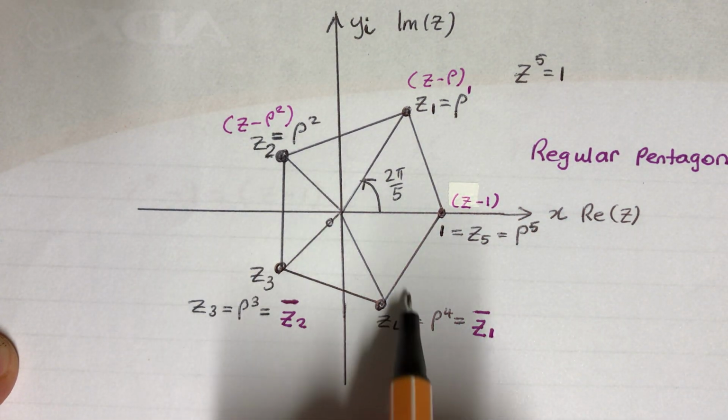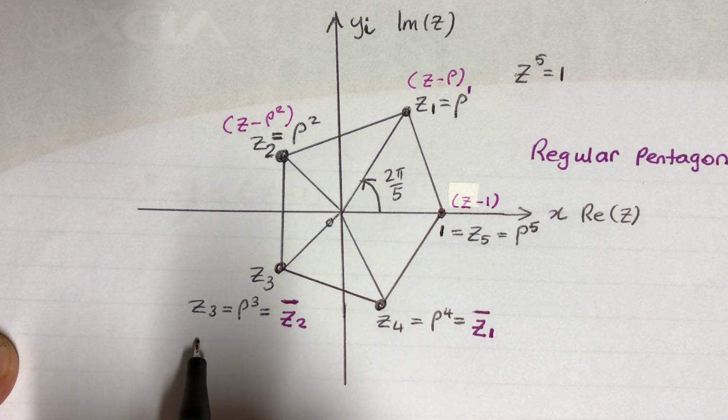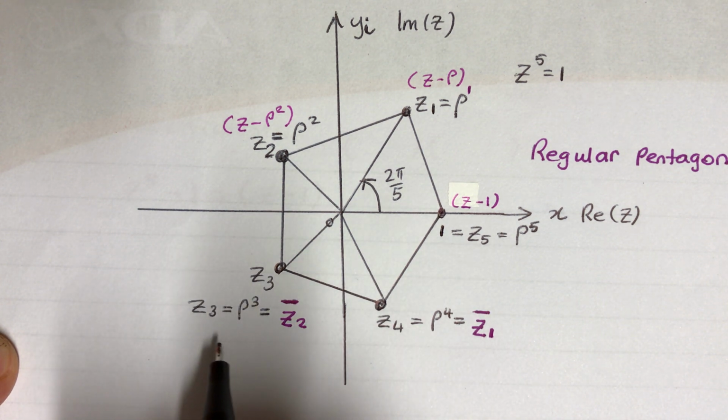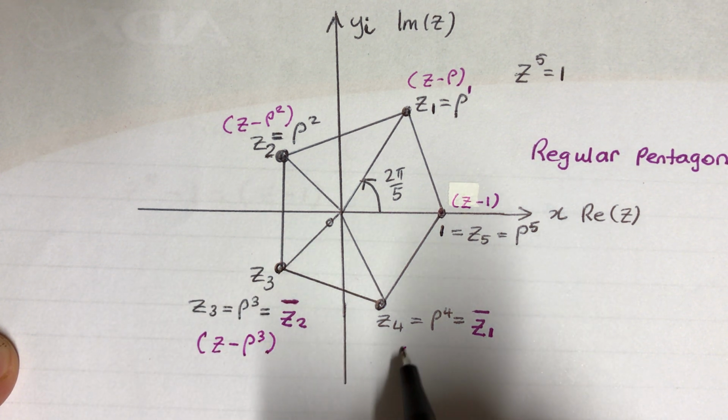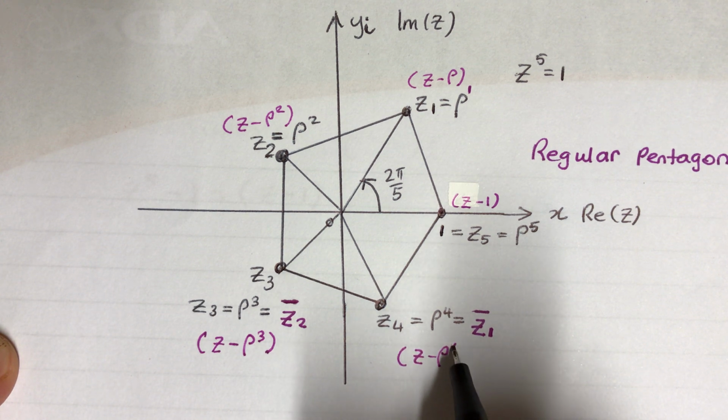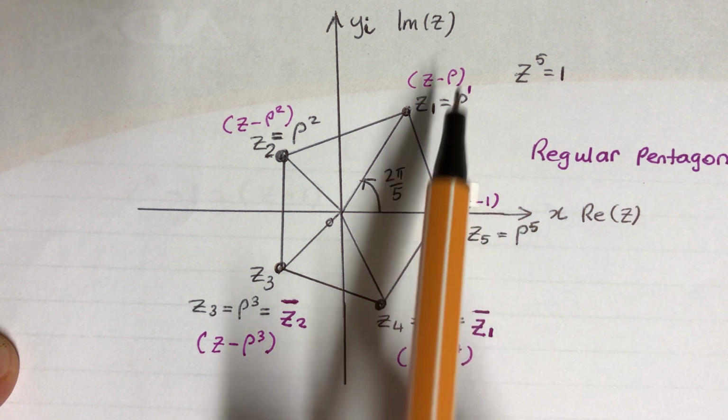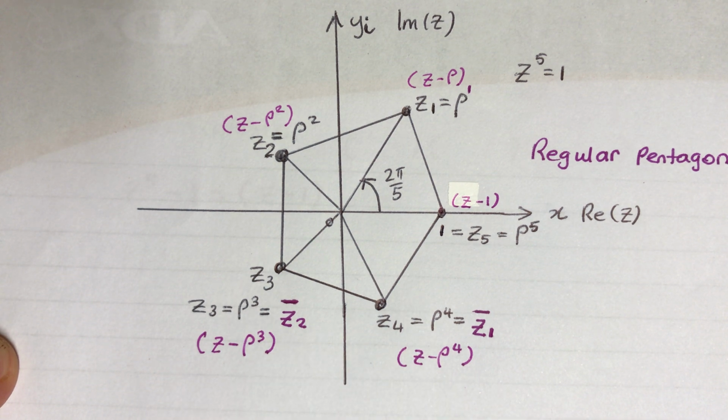Now this part, these 2 are conjugate, so need to be careful, but let's just write it as what it is, z minus rho cubed, z minus rho to the 4. So we got 1, 2, 3, 4, 5 factors.